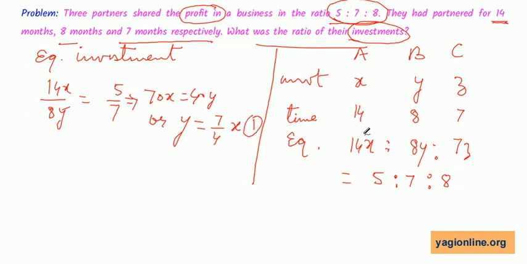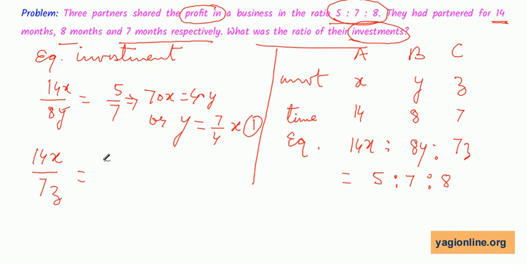Similarly, we can have a relation between x and z also. So what we can write is 14x upon 7z is equal to 5 upon 8.